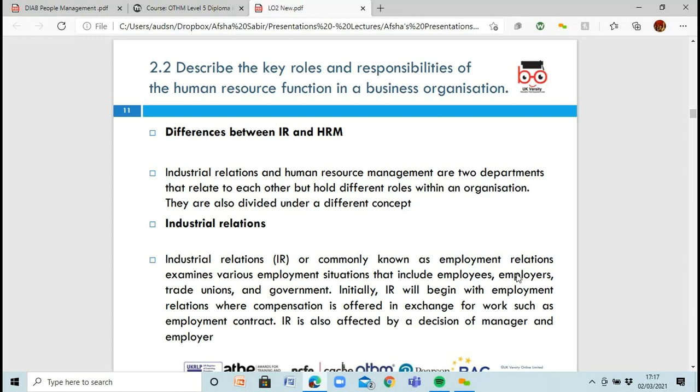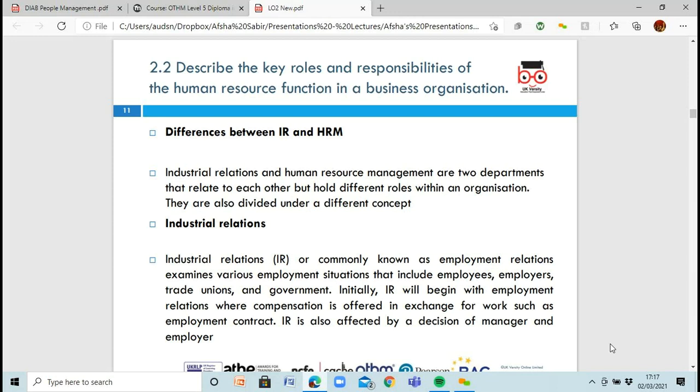They hold different roles in the organization, and they have different concepts, but there is a slight interrelation between them. So industrial relations can sometimes be known as employment relations, and it looks at different employment situations that include the employees, employers, it looks at trade unions, and it looks at the government.